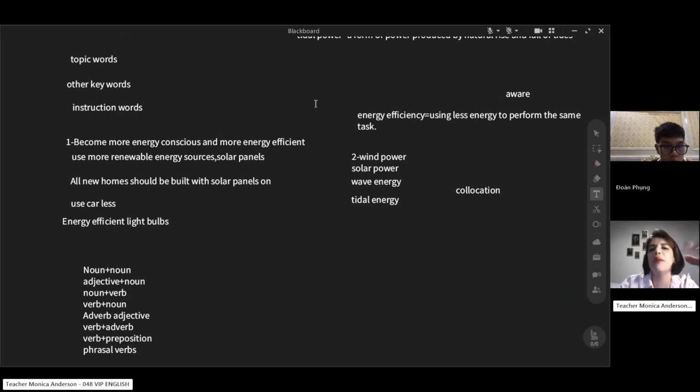Can you do some examples for these collocations: noun and noun, adjective and noun?